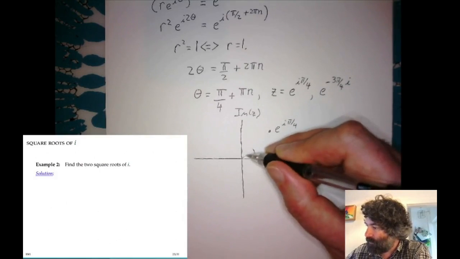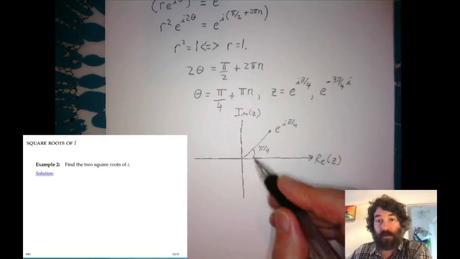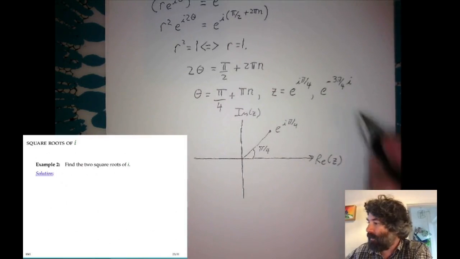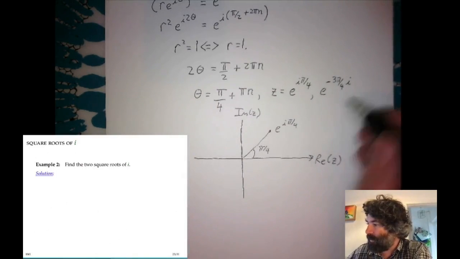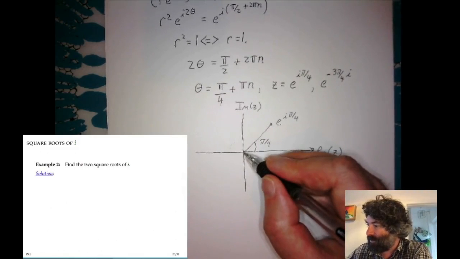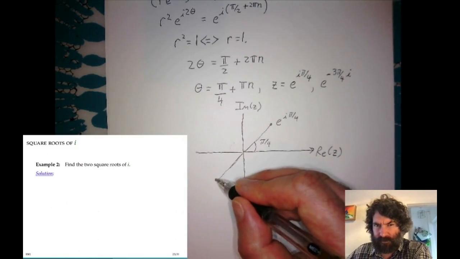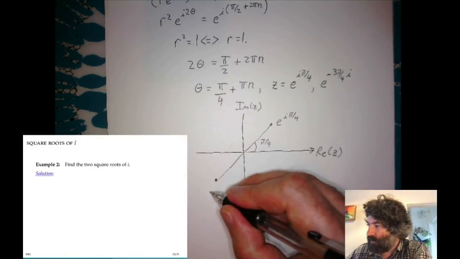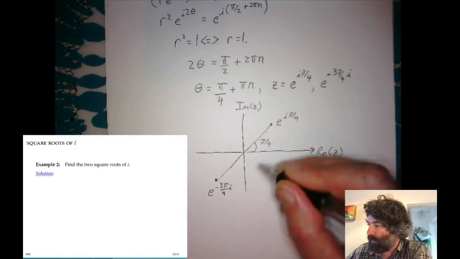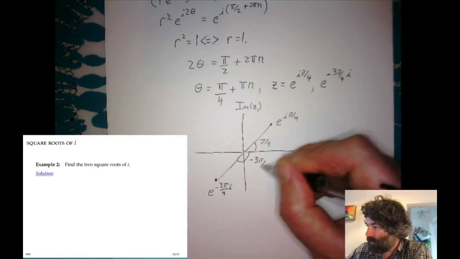The angle here would be π/4. That's a 45-degree angle with the positive real axis. And then this one would have an angle of negative 3π/4. It differs by π from the other one, so down here would be e^(-3πi/4).